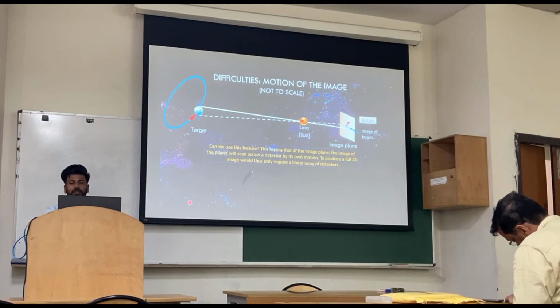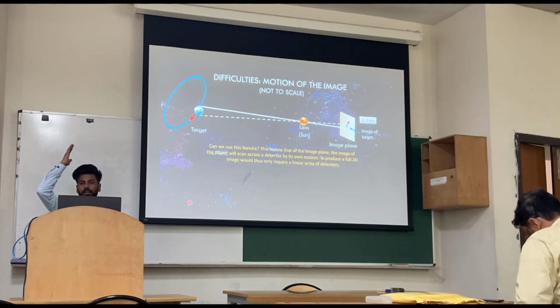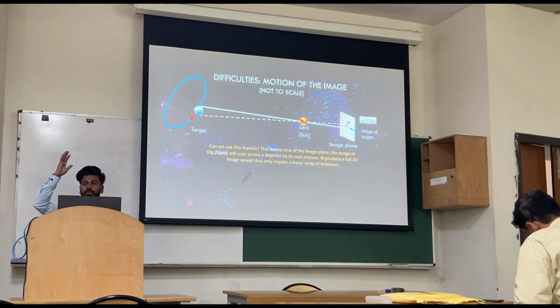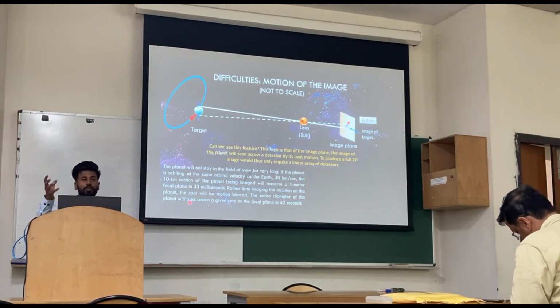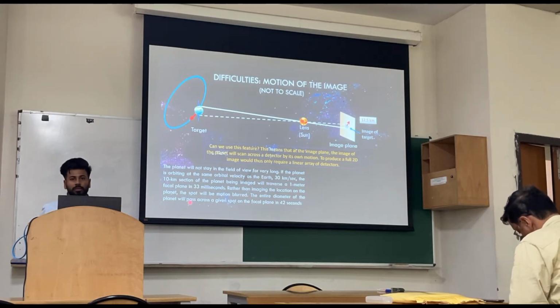So can we use this feature, like using a single linear array of telescopes, and as the system moves, we capture the whole image? It will not be possible because of the high speed of the planet, like 30 km per second, so there will not be sufficient exposure time to capture the image, or we will capture a more blurry image.